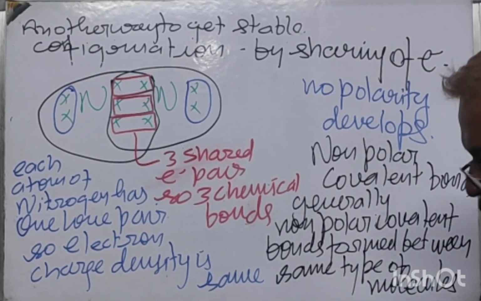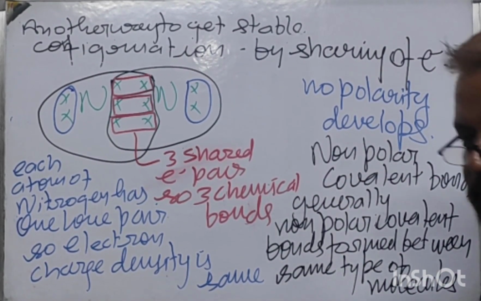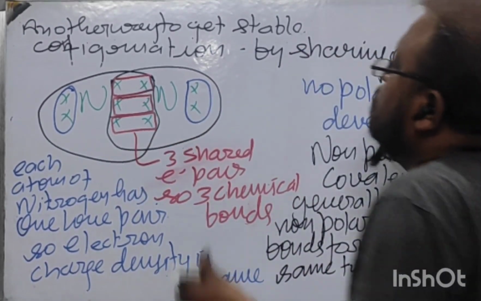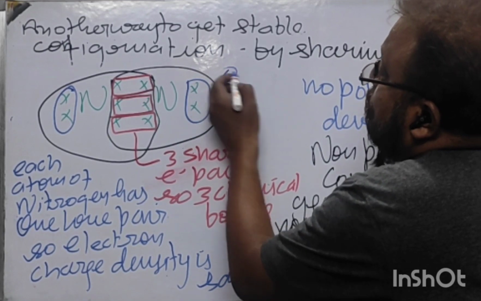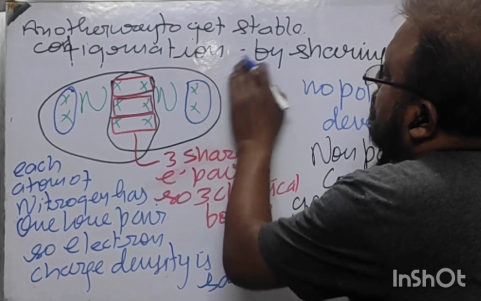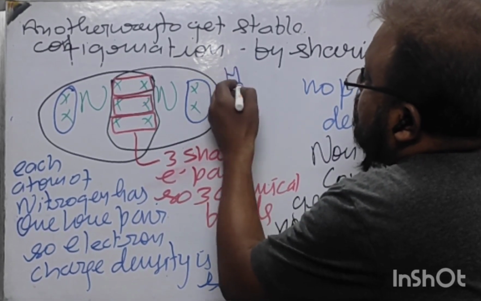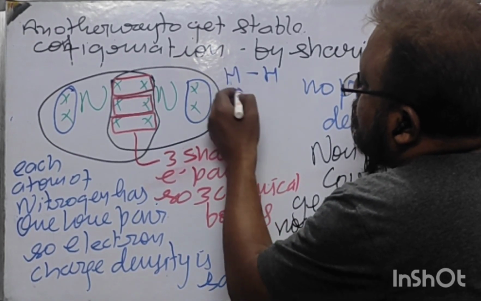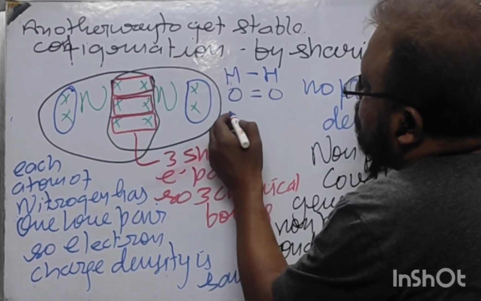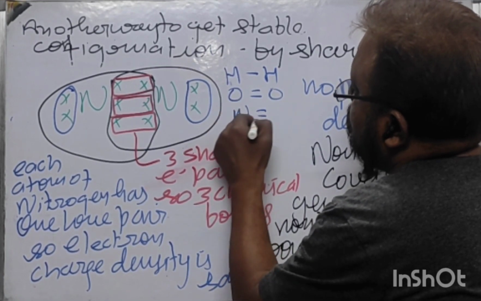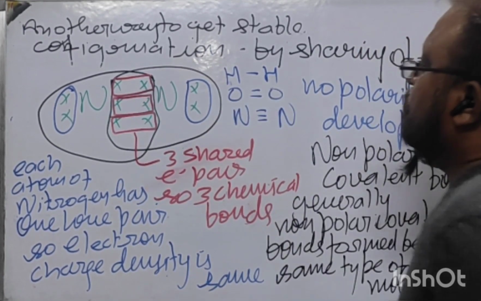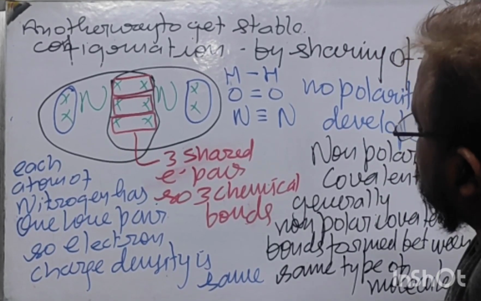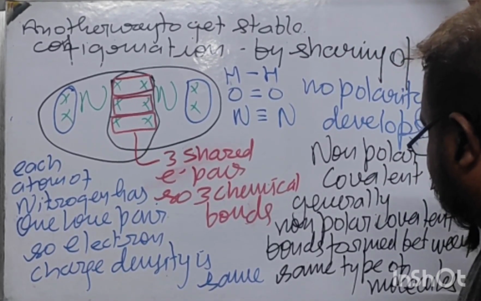So in all, hydrogen has a single bond, oxygen has a double bond, nitrogen has a triple bond, and they all have the same electron charge density, so they are non-polar, right?